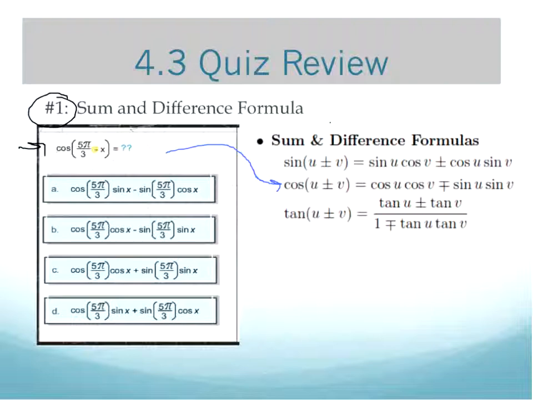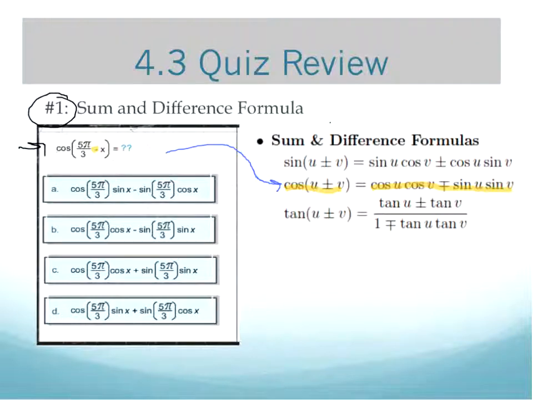So if it's a subtraction, that means when I use my formula, I have to use the bottom. We kind of talked about this in our last recording. But the formulas are written like this just to save space. So if you have to go u minus v, that means you're using the bottom portion of the formula.